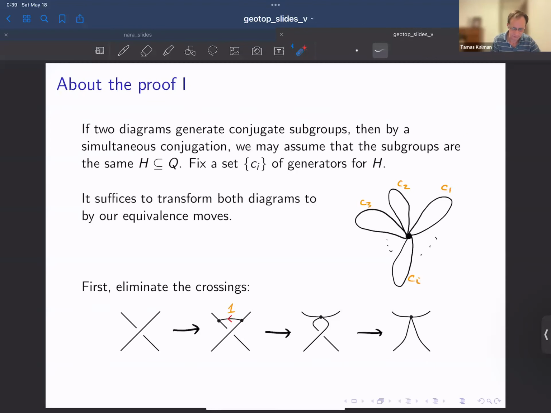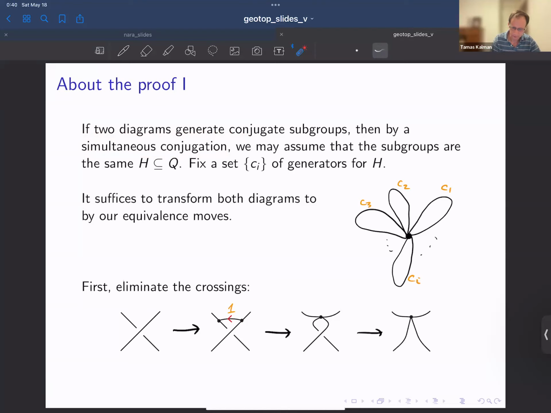To prove the non-trivial direction here, I need to take two diagrams, or two textures, whose labels generate conjugate subgroups. But then, of course, by a simultaneous conjugation, which was one of my allowed moves, we may assume that the two subgroups are actually the same. Let me call it H.